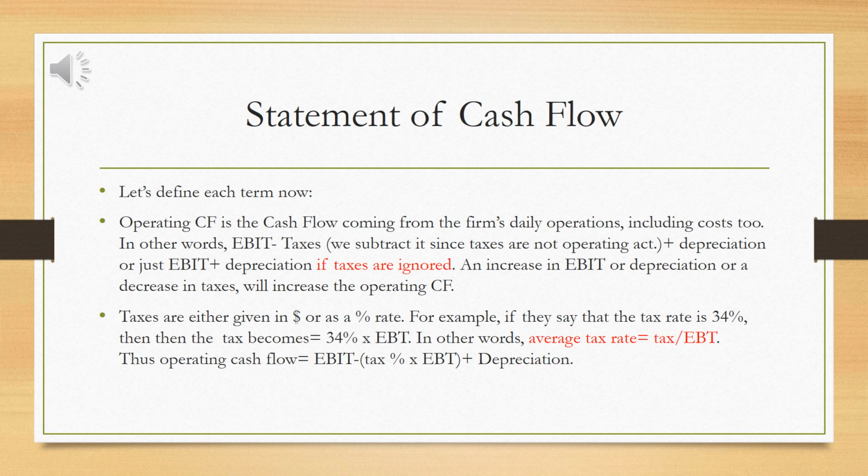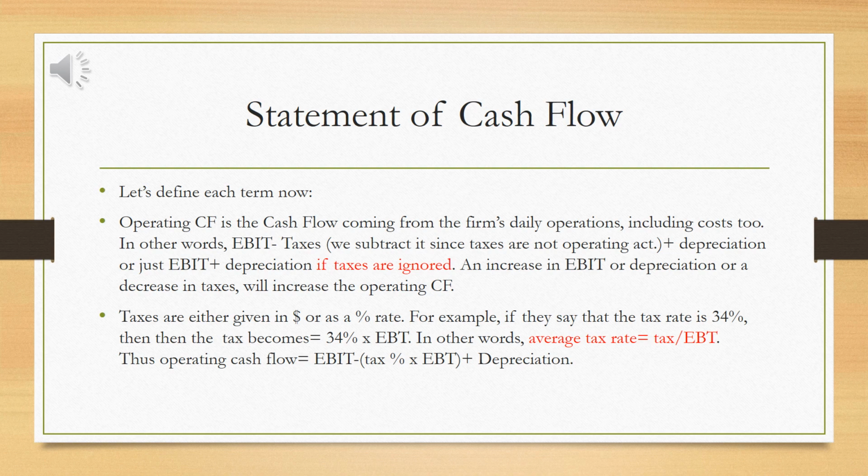An increase in earnings before interest and tax, or an increase in depreciation, or a decrease in tax will increase the operating cash flow. Taxes are either given in dollars or as a percent rate. For example, if they say that the tax rate is 34%, then the tax becomes 34% times earnings before tax.